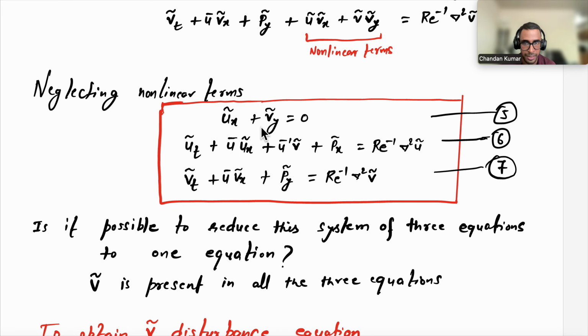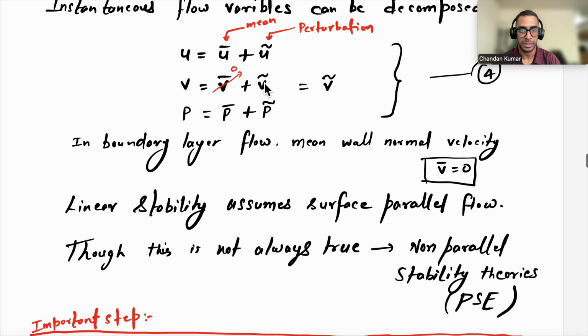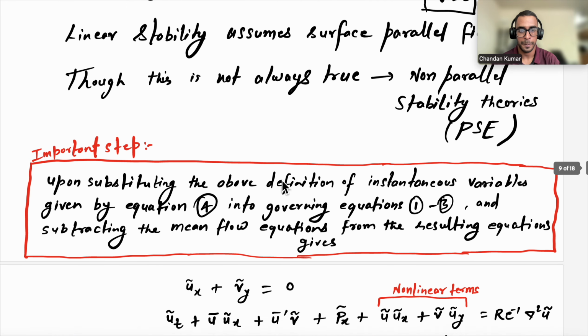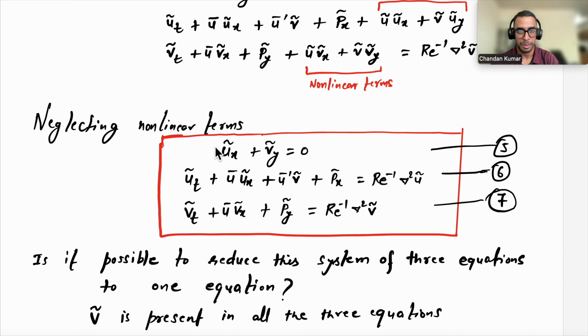To reduce it to one equation, we have to look at what is the common variable in all these three equations. We are looking at a system of equations in terms of perturbation. When we decomposed our instantaneous flow variable, we had three perturbations: u perturbation, v perturbation, and p perturbation. So what kind of perturbation is available in all these three equations?